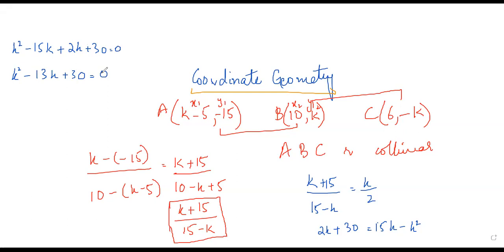So in that case, we get k squared minus 13k plus 30 is equal to 0.